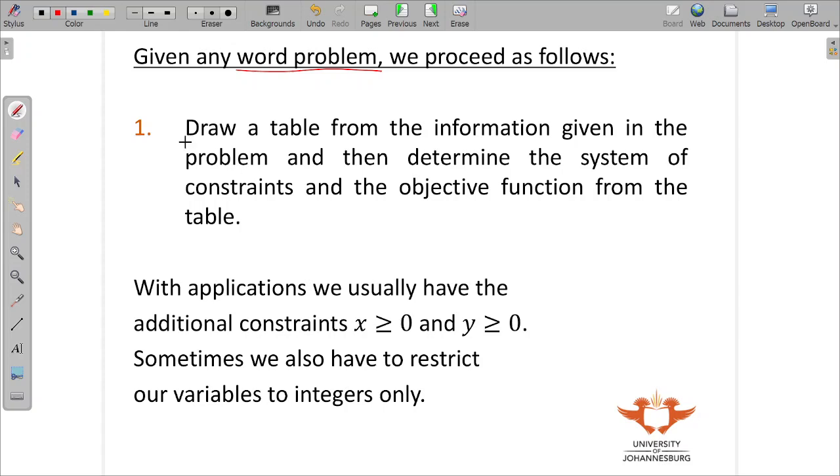In order to do so, step number one, you need to draw a table from the information given in the problem. So don't forget, you are going to be given a word problem, and then you have to draw a table. It's always good to draw a table from the information and determine the system of constraints and objective function.